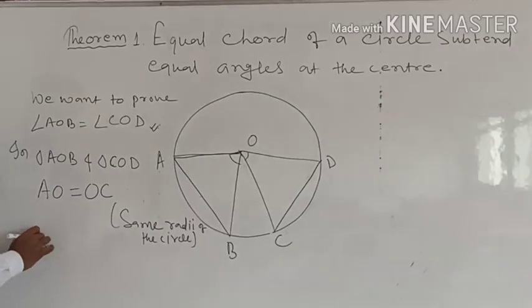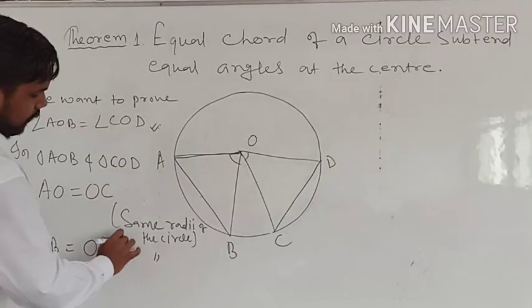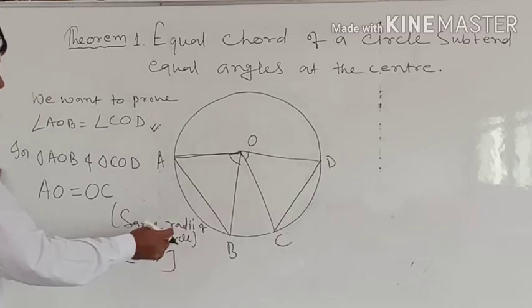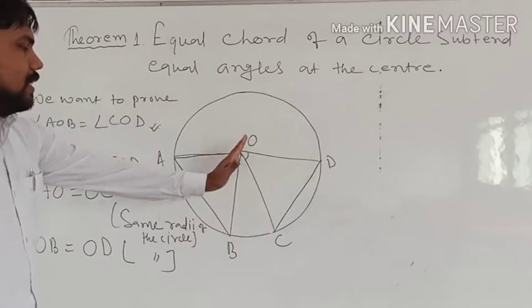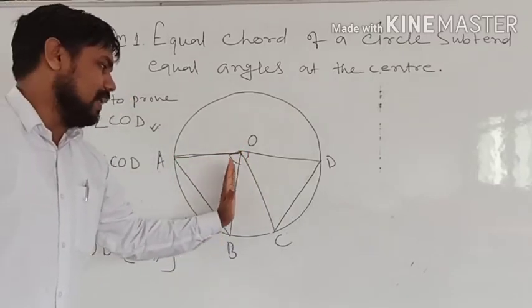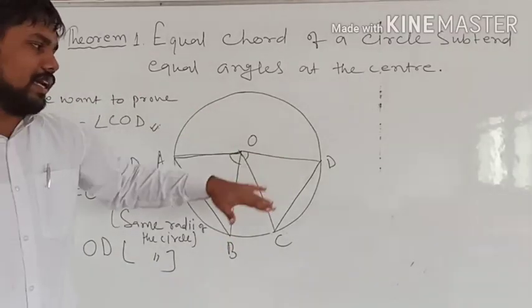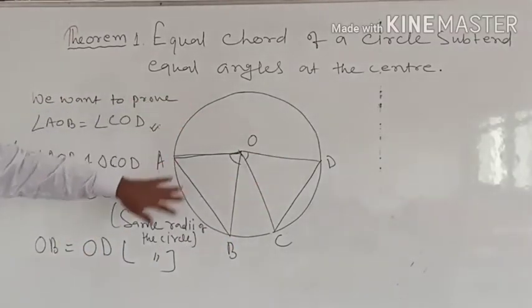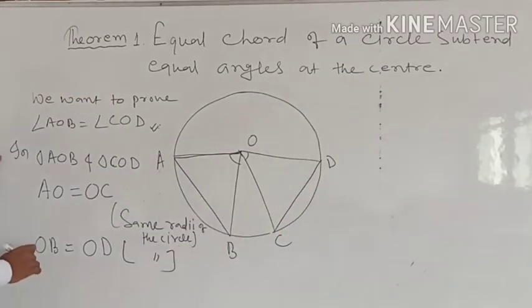So OB is also equal to OD, with the same reason, being radii of a circle. So this radius and this radius are the same, and this side and this side are also the same. Here you have two sides the same, and in the question it is already given that AB is also equal to CD.